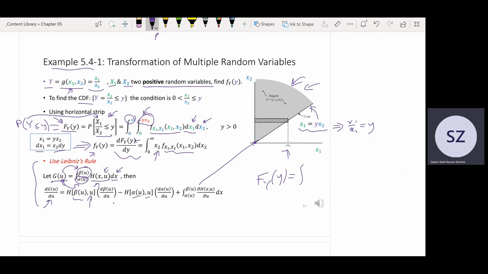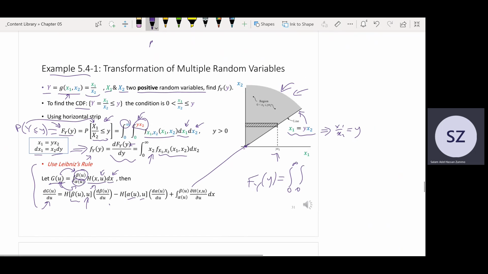It was a double integral from 0 to infinity, and the integral from 0 to y x2, of f(x1, x2) dx1 dx2. Right?